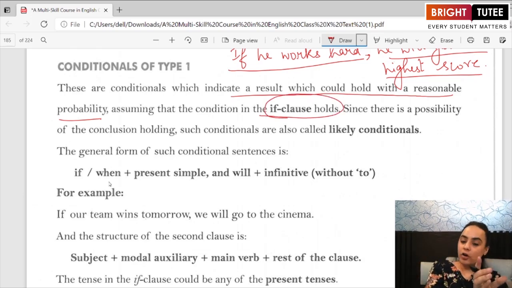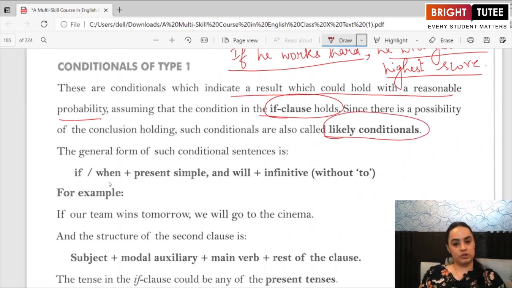If the if clause is valid, only then will the main clause come true. Since there is a probability, it is not sure, it is just probable that it will happen. Therefore, these are also known as likely conditionals.